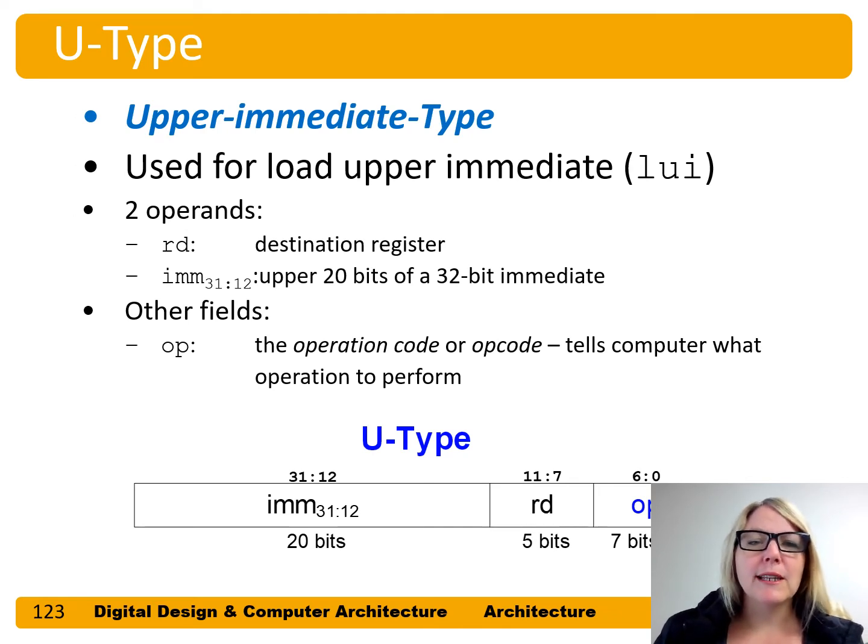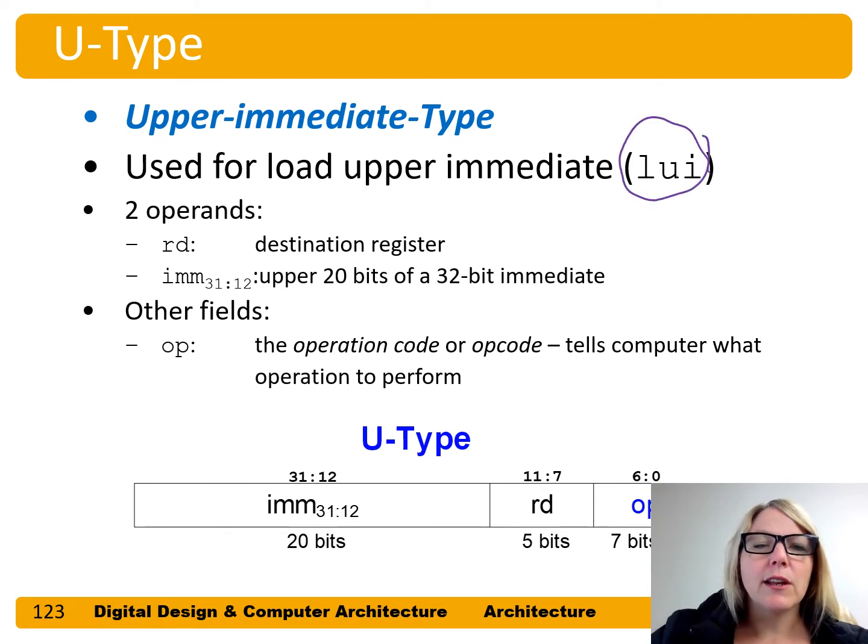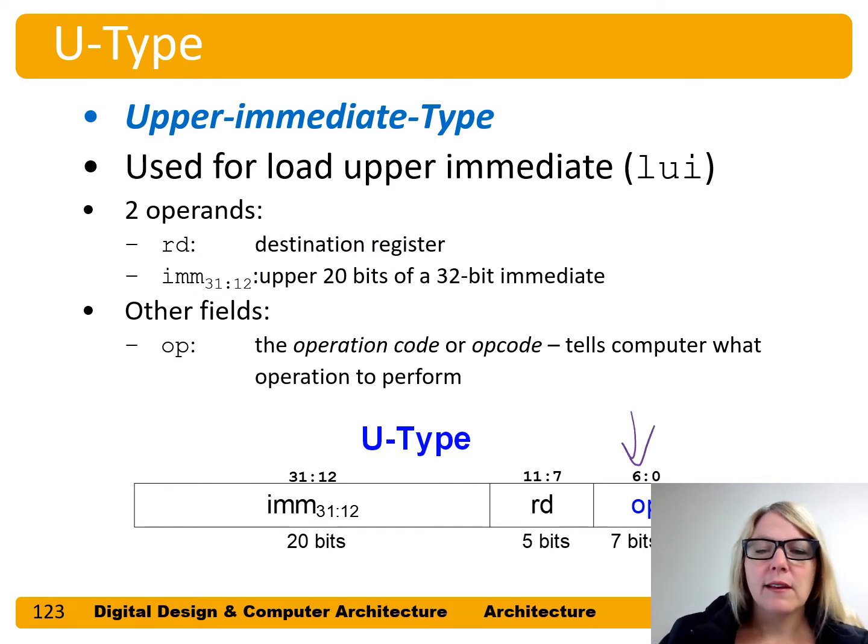So here's the upper immediate type, or U type instruction. It's used for load upper immediate, and we're going to encode the upper 20 bits of a 32-bit immediate, so bits 31 to 12. And again, those lower bits we don't need to encode because they're zeros. This instruction only includes a 7-bit opcode.